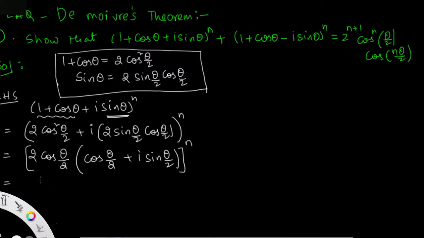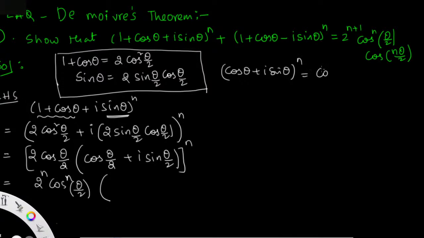So it is 2^n cos^n(theta/2). And this is in the form of De Moivre's. What is the De Moivre's formula? (cos theta + i sin theta)^n is replaced as cos n theta + i sin n theta.